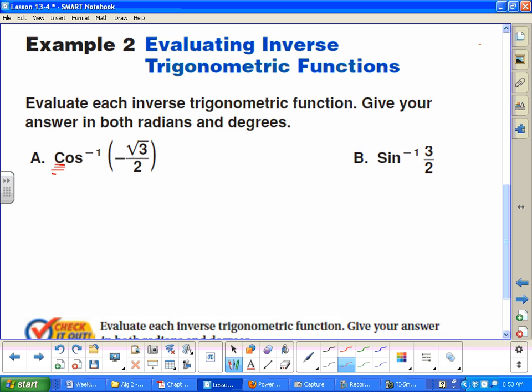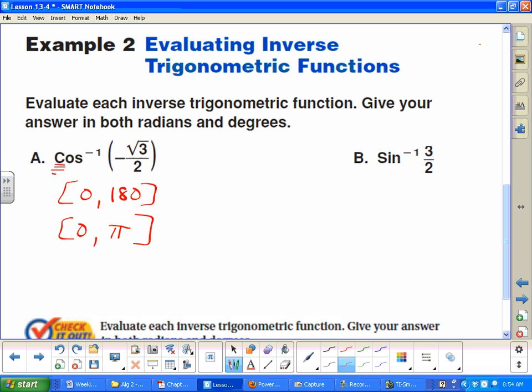That means we have to work with that restricted domain. So we're doing inverse cosine of negative square root of 3 over 2. That means my answer has to be between 0 and 180 if I'm talking about degrees, or 0 and pi if we're talking about radians for inverse cosine.